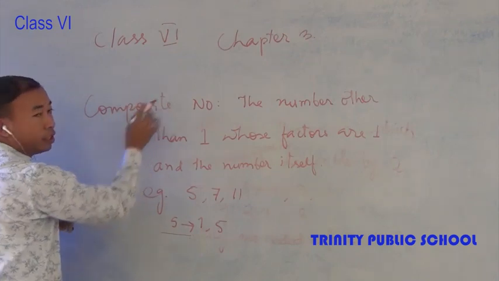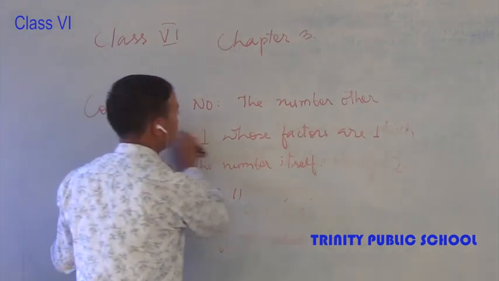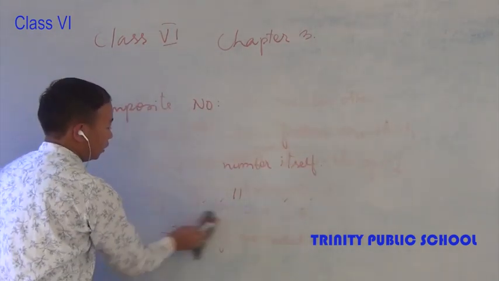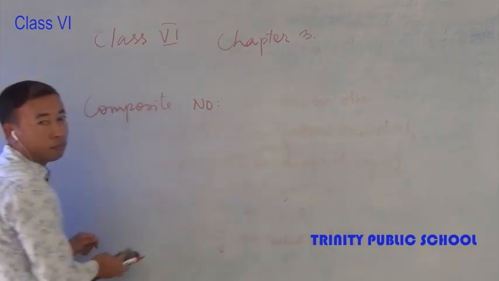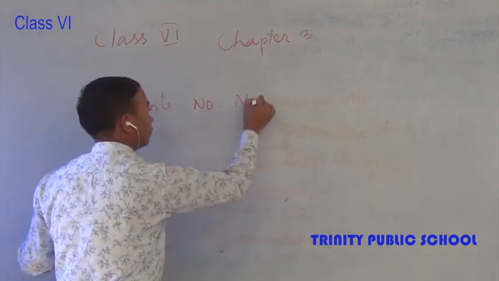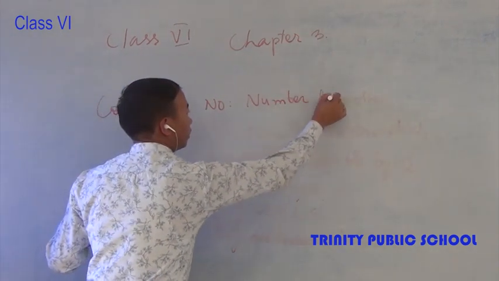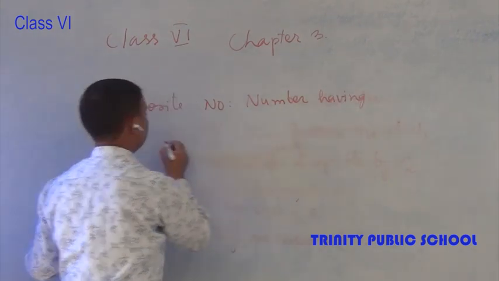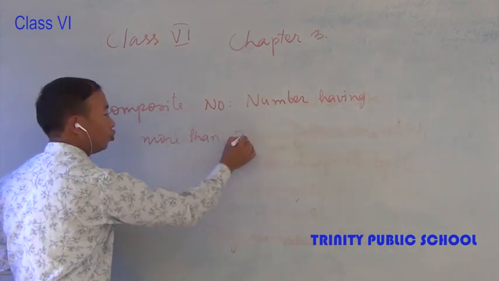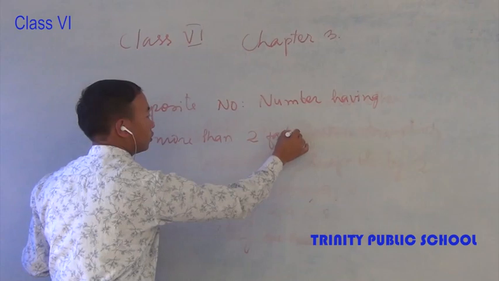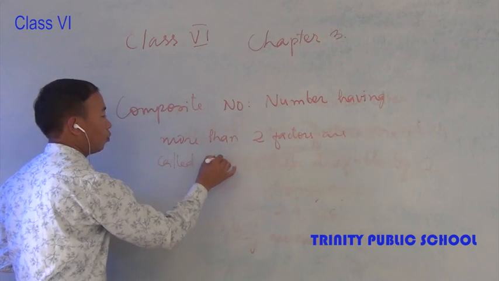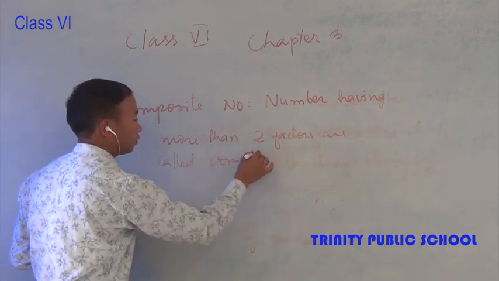In a prime number, there are only 2 factors. Then what is a composite number? Numbers having more than 2 factors are called composite numbers.